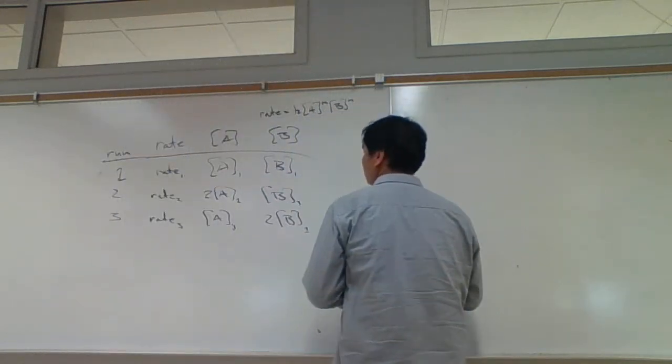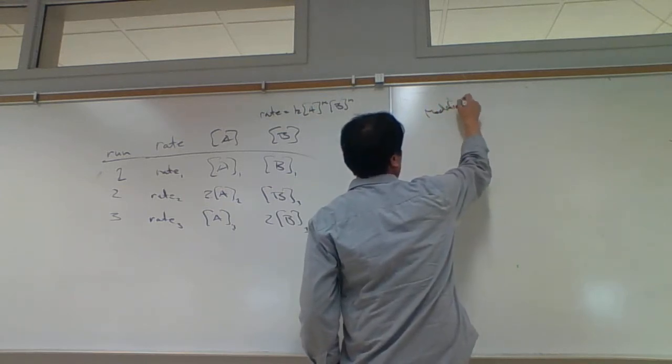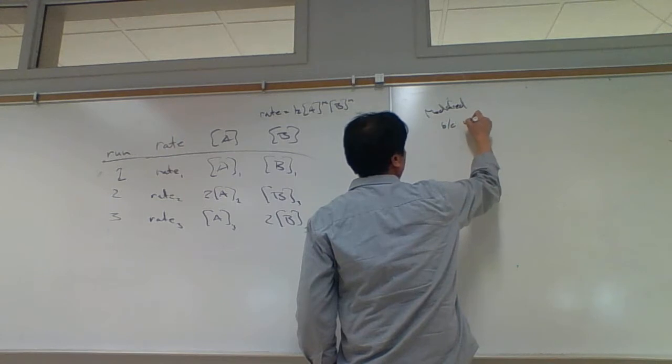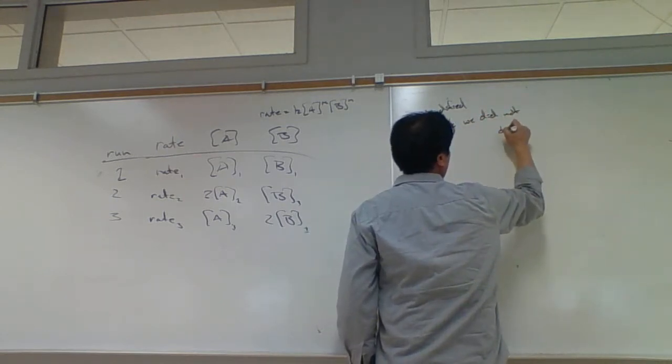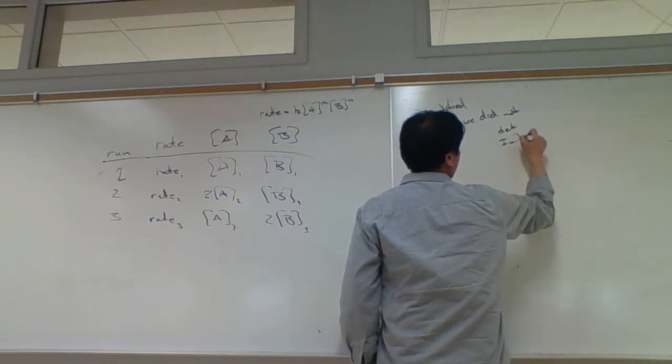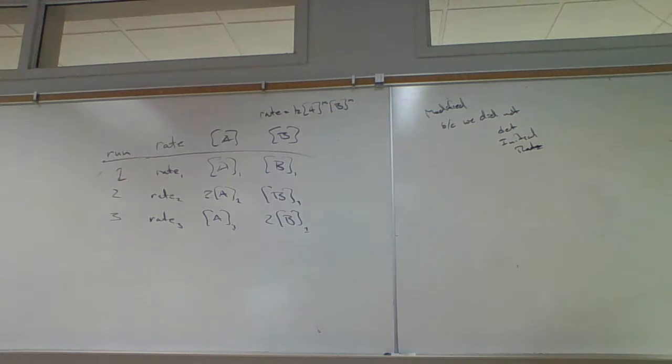But what we're going to do is the modified version, because we did not measure initial rate. And so the modified version is this. Actually, one run was faster than the other.